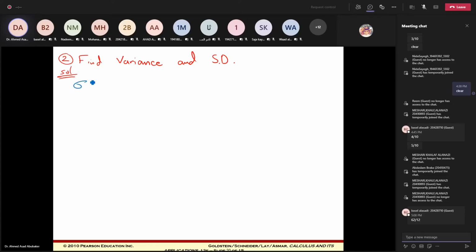So the variance is equal to what? EX square minus EX all square. Okay, this value from the previous exercise equals what? Sorry, 2/3.